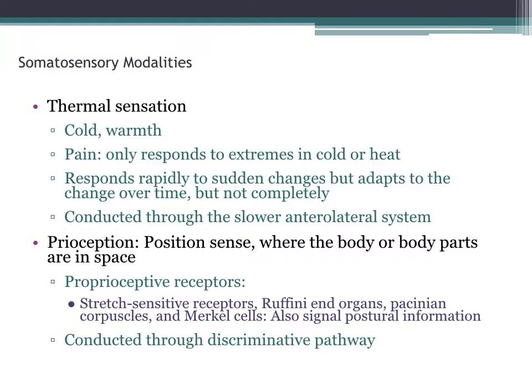We have the Ruffini end organs, the Pacinian corpuscles, and the Merkel cells, which we talked about in the previous slide as having a perception of touch. Well, they also signal postural information to the brain. And these are conducted through the discriminative pathway, the same pathway as touch is sent to the brain.